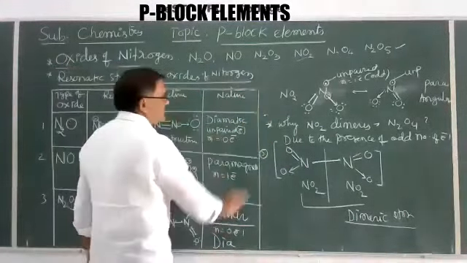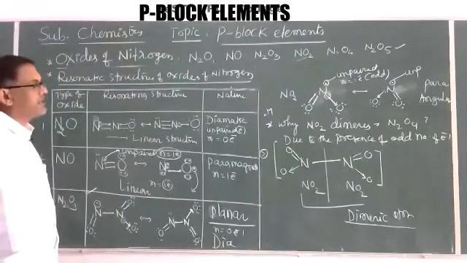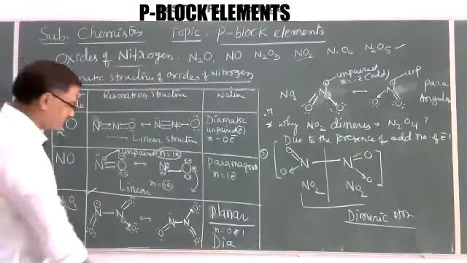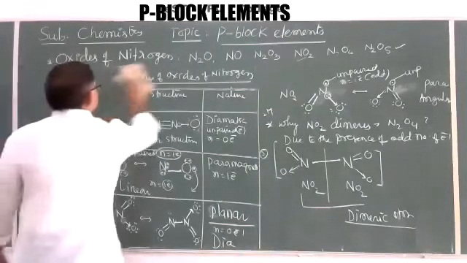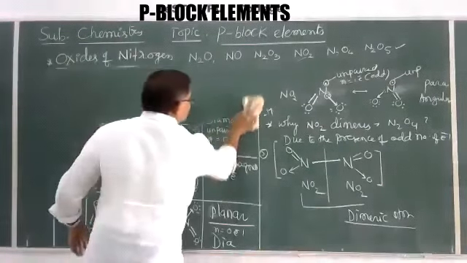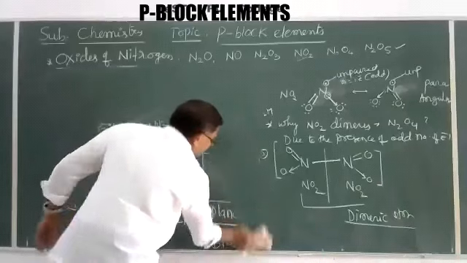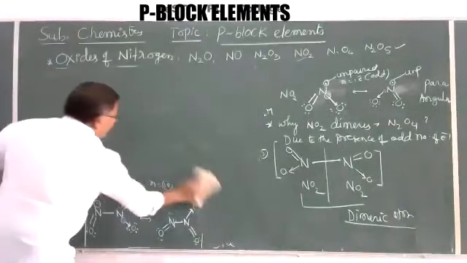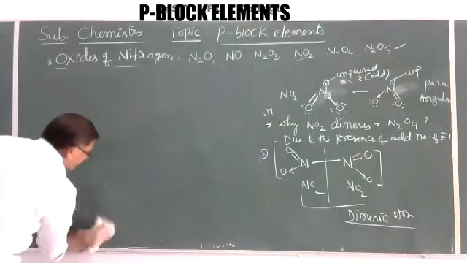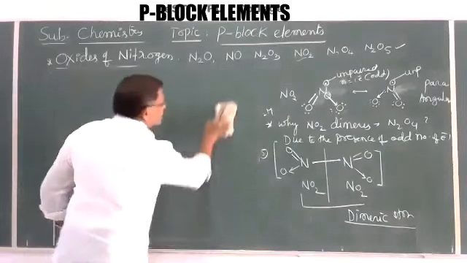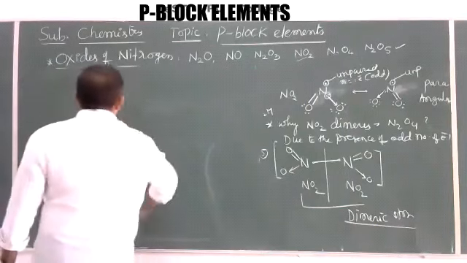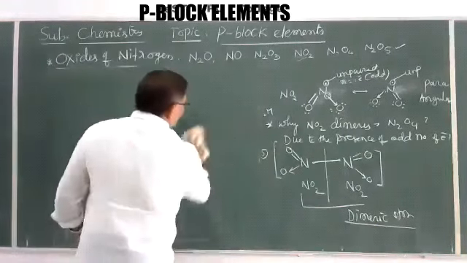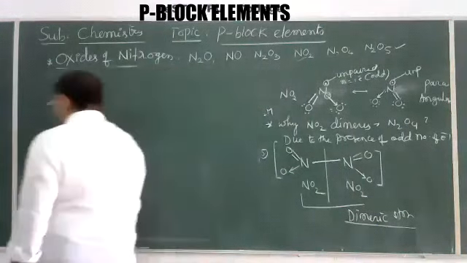Lastly, finally, N2O4 and N2O5 resonating structures. Very important table it is. Resonating structures are very important. Particularly for objective questions, they'll confuse the number of electrons and its nature.